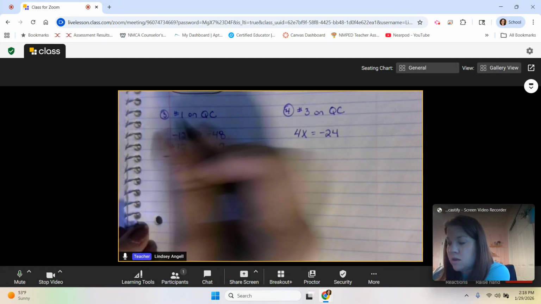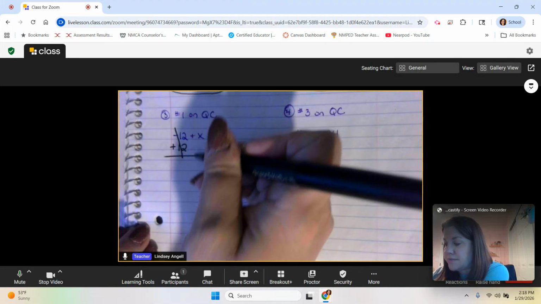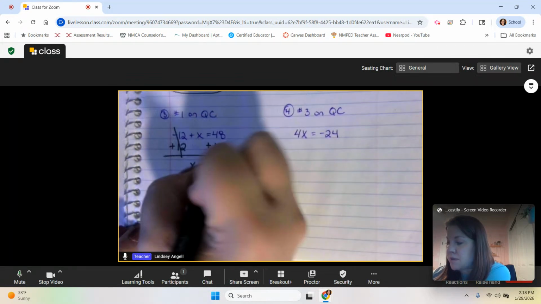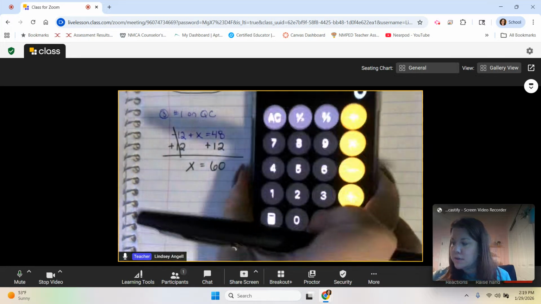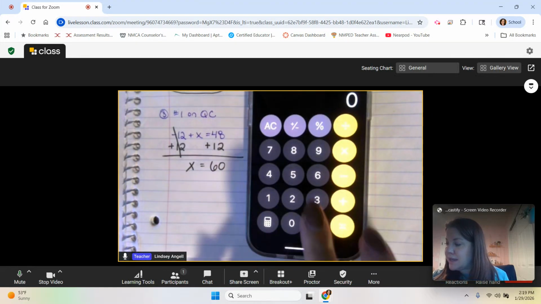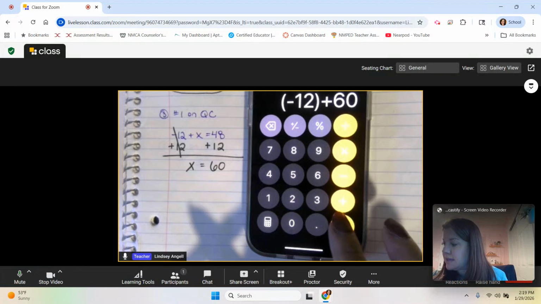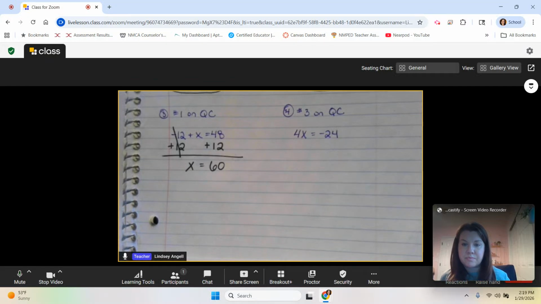Negative 12 plus 12 is 0, so those cancel. We're just left with a positive x. And then 48 plus 12 is 60. And again, if you're nervous, especially about those negative signs, which makes total sense, plug it back in. Is negative 12 plus 60 equal to 48? It is, so we know that we're correct.